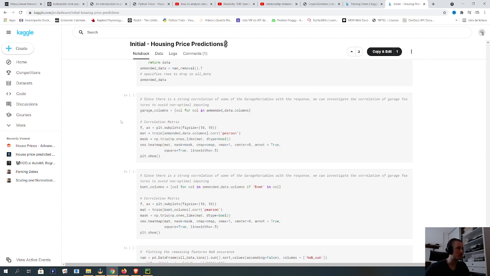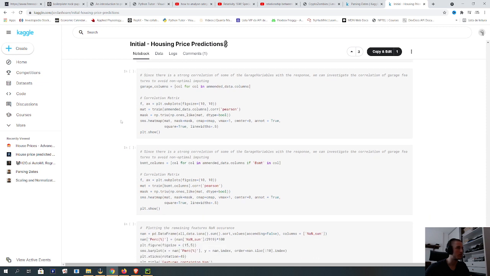Since there is a strong correlation of some of the garage variables with the response, we can investigate the correlation of garage features to avoid non-optimum imputing. That's another thing that people talk about, that you should drop features that are highly correlated with the result.